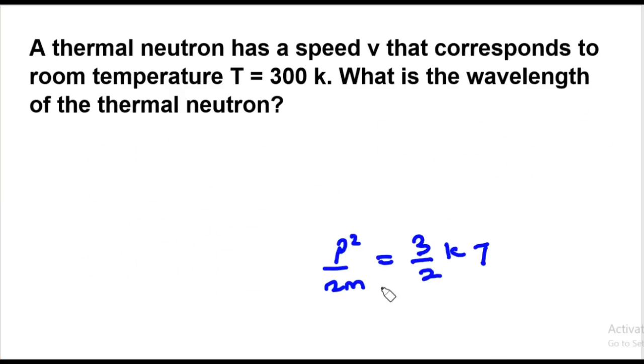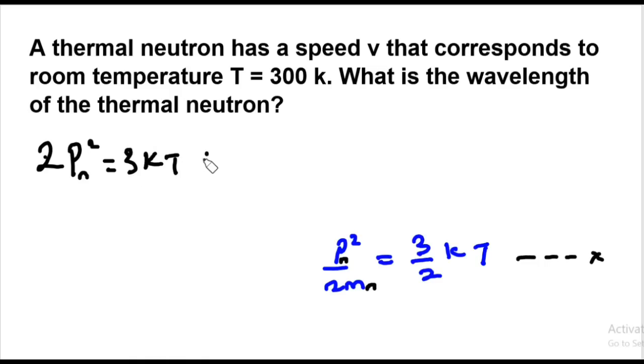In this case, m is the mass of the neutron, p is the momentum of the neutron, k is Boltzmann's constant, and T is the temperature. If we make p the subject of the formula, we cross multiply: 2 p_n squared equals 3kT times 2m_n.